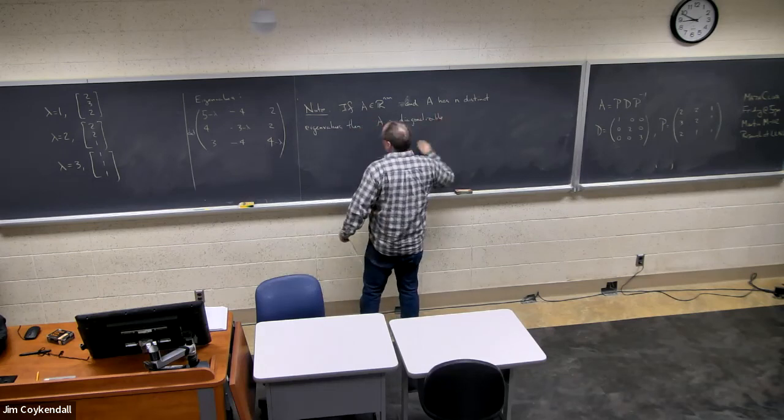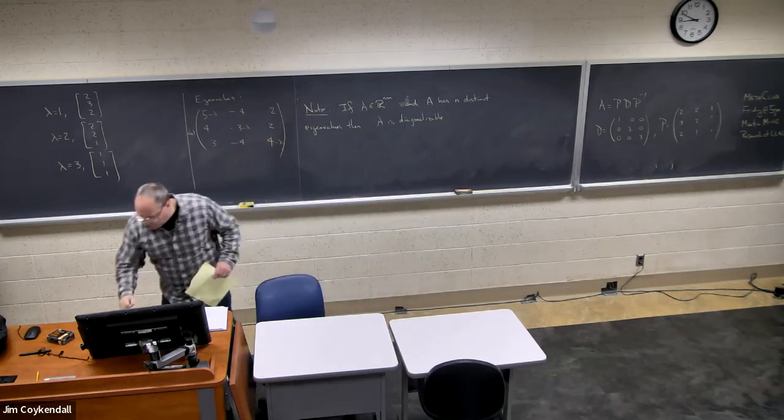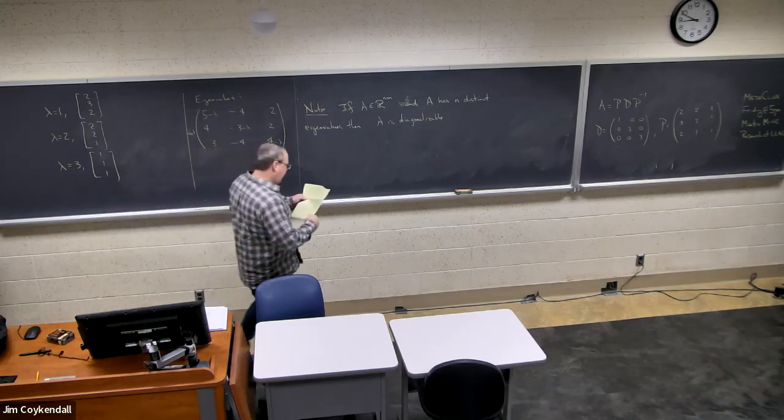That is to say, if you have a matrix and it turns out that you have all different eigenvalues, then it has to be diagonalizable.